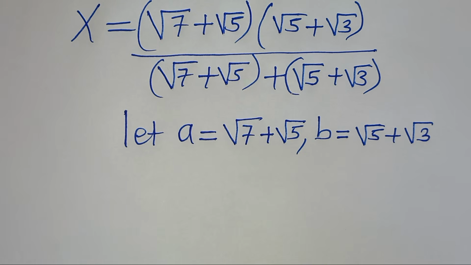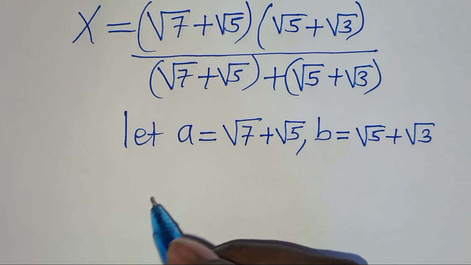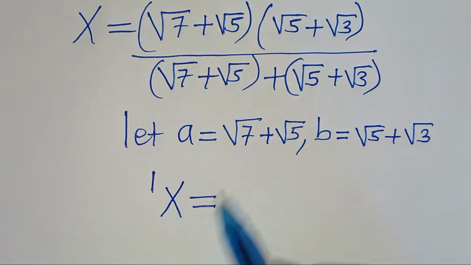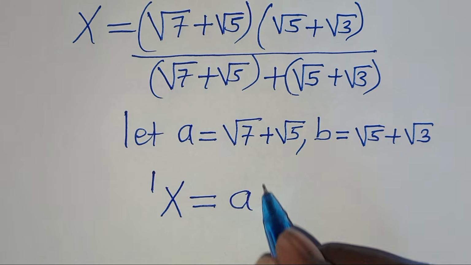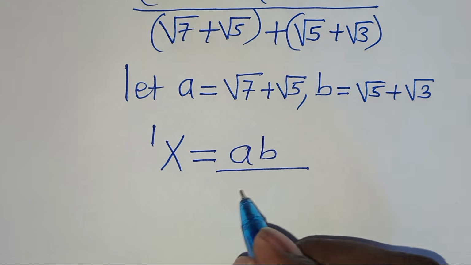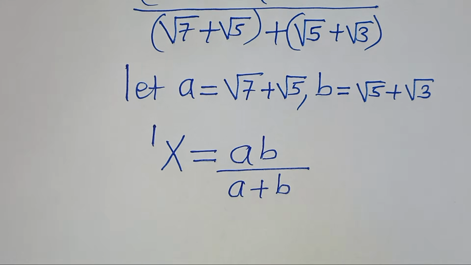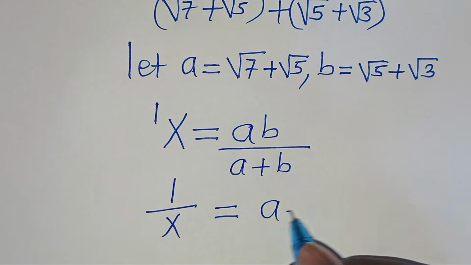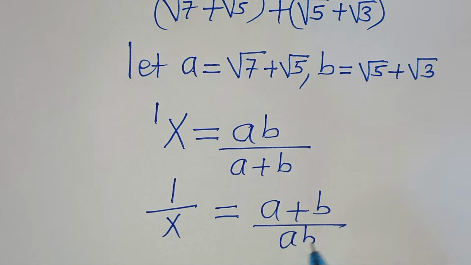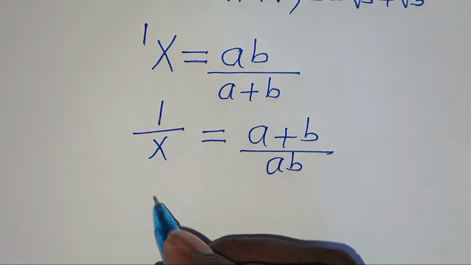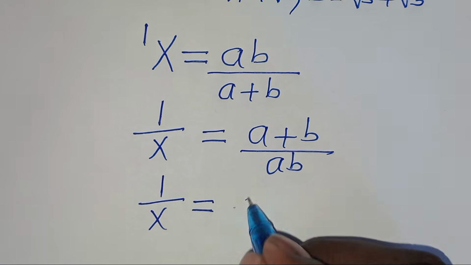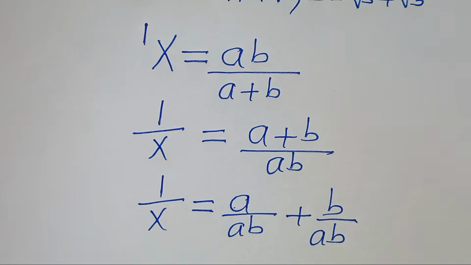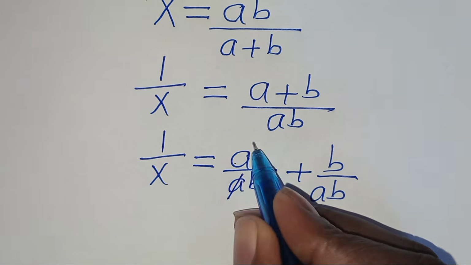Now this means that we can express x as A multiplied by B, divided by A plus B. So this means that we can express 1 over x as A plus B divided by A multiplied by B. Now we have 1 over x equal to A divided by AB, plus B divided by A times B. So this implies that we can simplify A and A here.